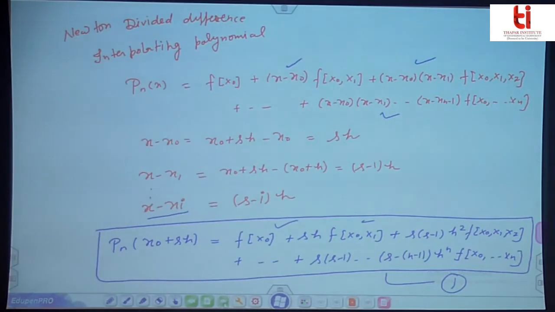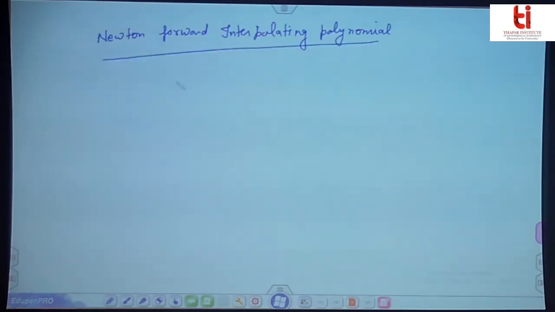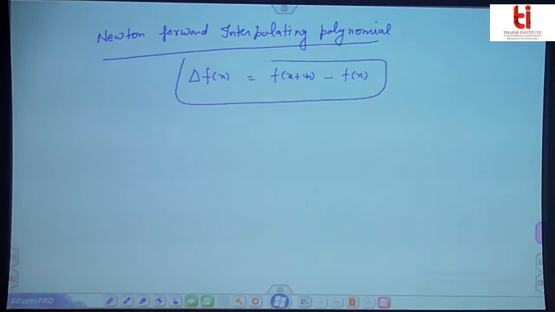What is the Newton forward interpolating polynomial? For that, first we introduce the forward operator. If we write delta of f(x), that means we go one step forward and subtract the value at the same point. That means f(x plus h) minus f(x); that is the forward operator definition.